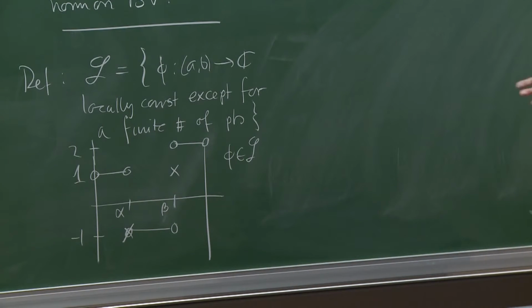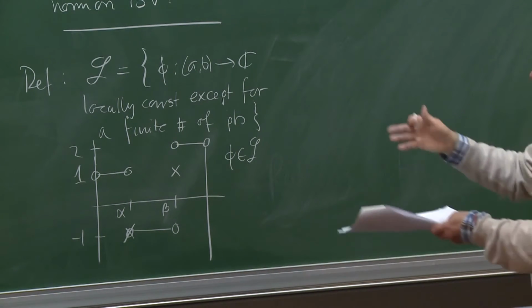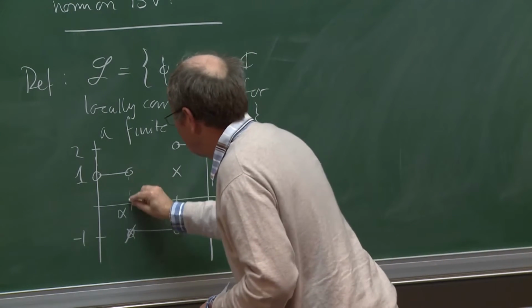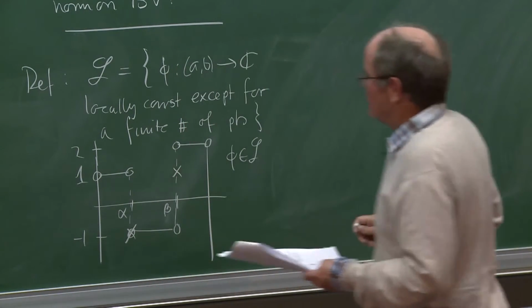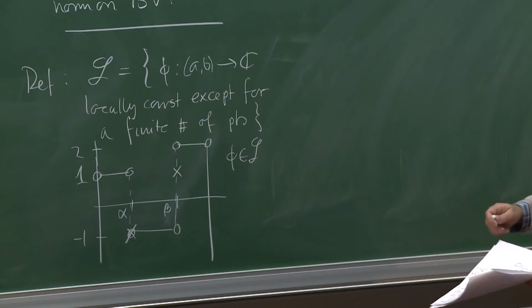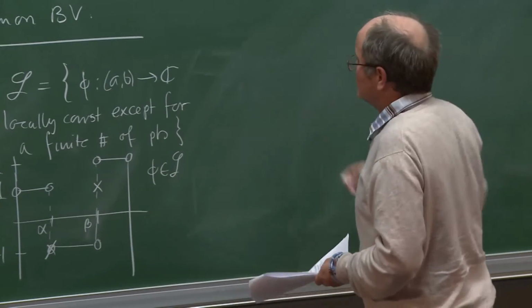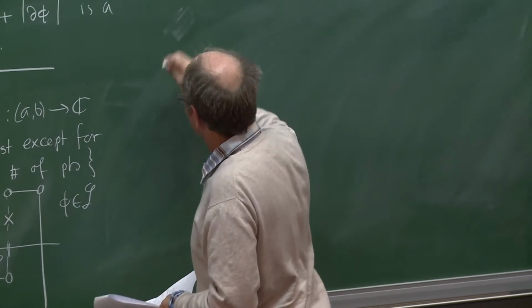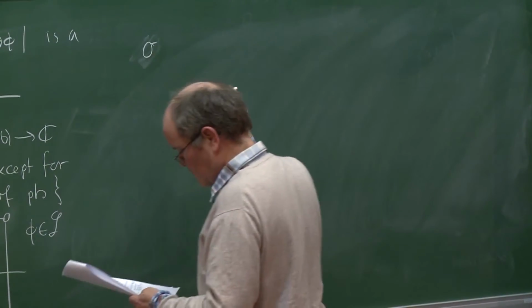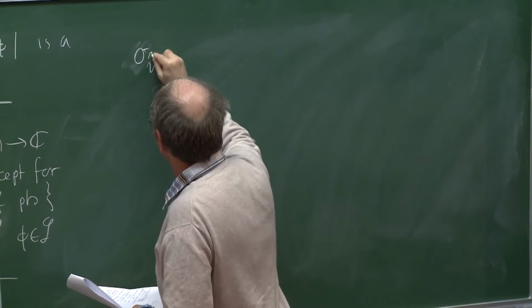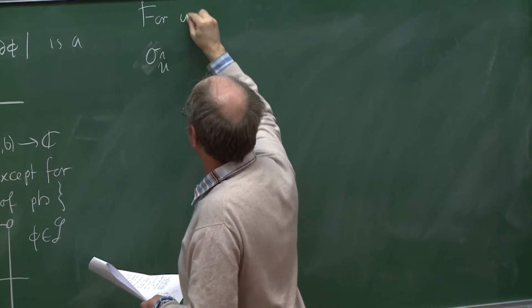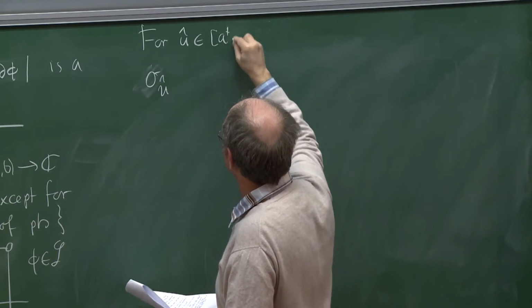And why do I give you an example like this? It's simply because when you look at these kinds of functions, you realize that you may describe them in terms of the jumps. So you have a certain number of jumps here. If you look at this function phi, I may describe it in terms of, say, elementary jumps. Let me define this for u hat in (a plus, b minus).